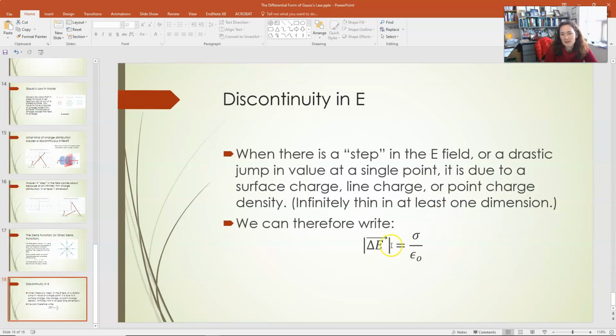So that's the magnitude of my change in the electric field when I have that kind of jump or discontinuity. And so what this tells us is that we have a surface charge density, basically, if I have that kind of abrupt change in my electric field as I plot it out.